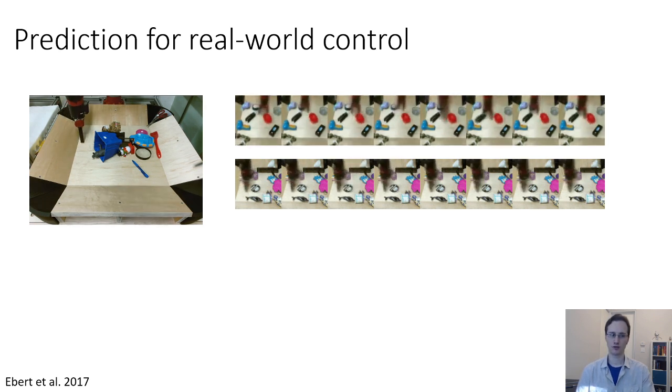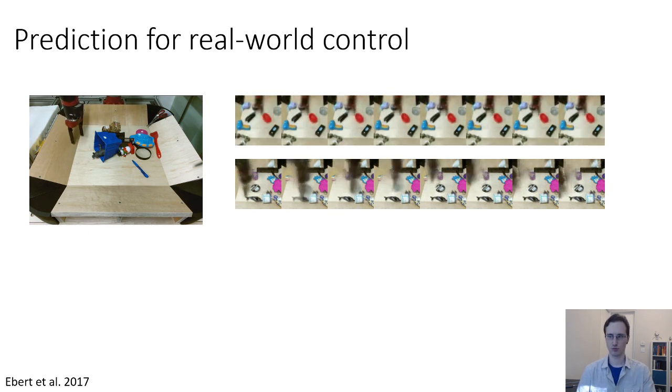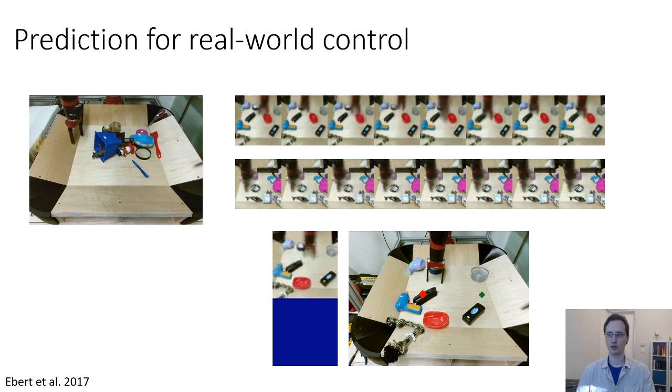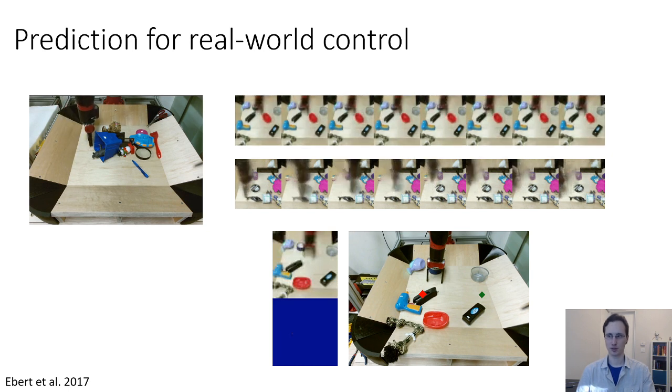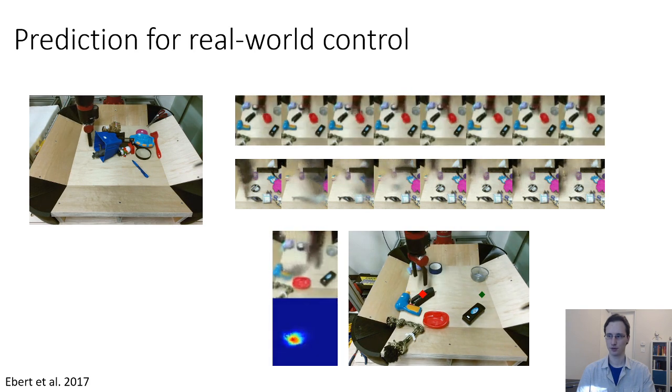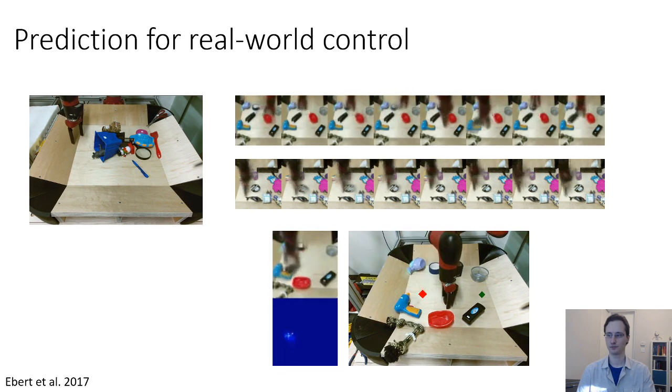Now the predictions are kind of blurry, they're quite uncertain, but they capture some basic properties about how objects will behave. And then we can give the robot a goal. We can tell it, take this object located at this red dot and move it to the position of this green dot. And by directly predicting the outcomes of its actions, the robot can plan out a series of actions that will move the object in the right way. And here is the result of actually executing that behavior.